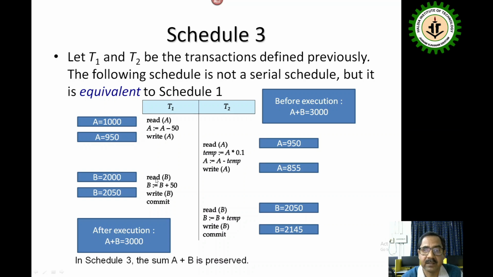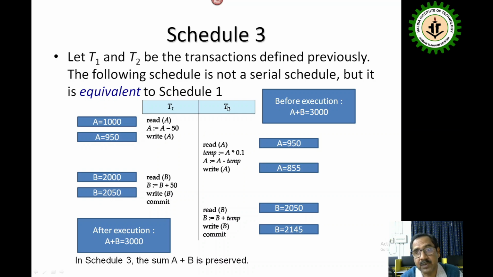T1 performs read operations on data item B, and the value of B is the initial value, the initial balance of the account holder B, that means 2000. Then T1 performs write operations on data item B after crediting rupees 50, the value of B is 2050.